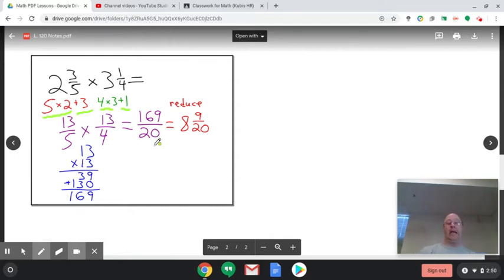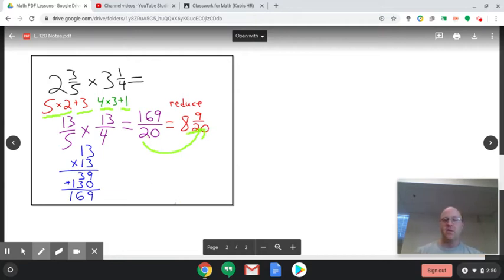Wow, we got a big improper fraction here. We need to fix that. So I didn't show you the calculations on this page, but I was able to figure out that 20 goes into 169 8 times. We have the 9 left over, and 20 is my denominator because that denominator does not change.